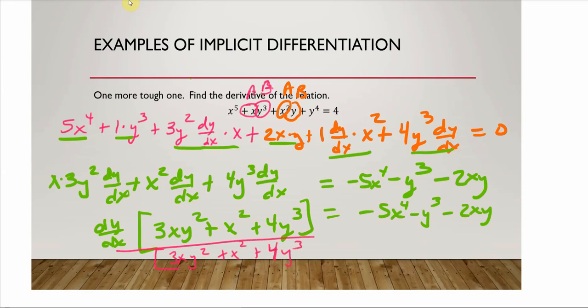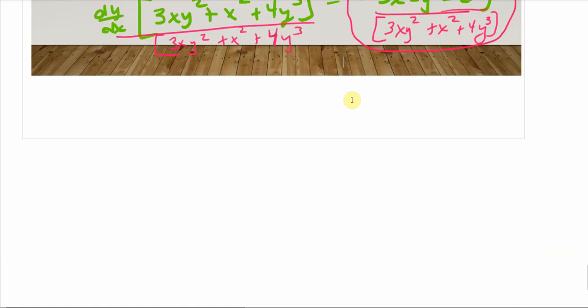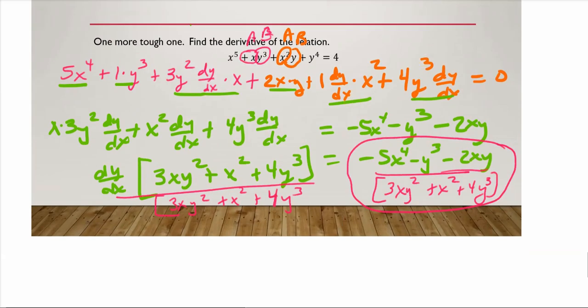Sorry about my writing. And this here is going to be my derivative. That will help me find the slope of this relationship. And that concludes the video on implicit differentiation.